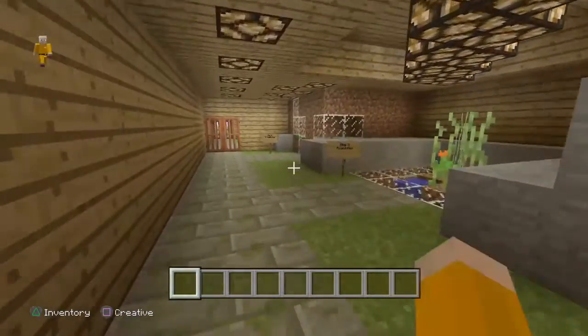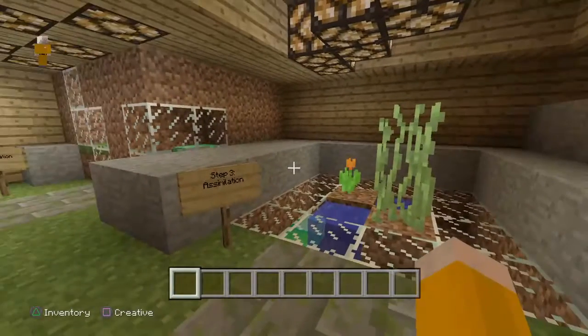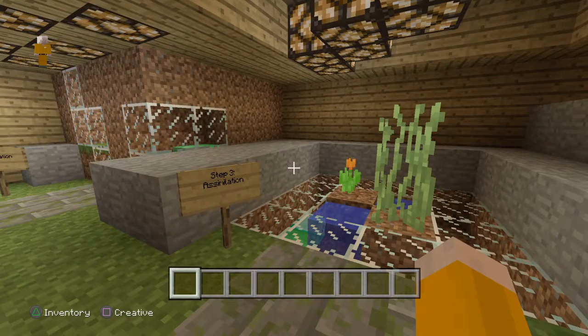Step 3, assimilation. Assimilation is the process by which plants and animals incorporate NO3 and ammonia formed through nitrogen fixation and nitrification.